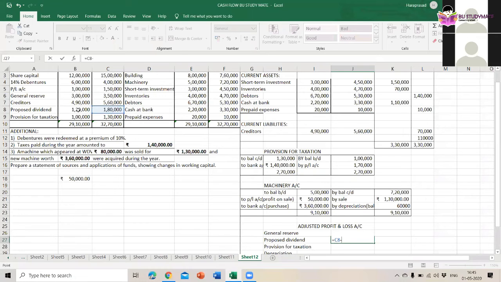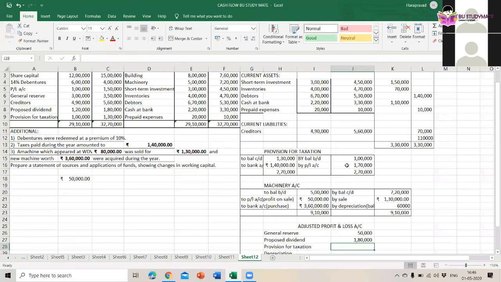So whether we have to do minus or what? We don't want to do the minus because the previous year amount is paid. We have to assume. So this year's amount is a provision, and here in the provision for taxation, we calculated here by PL account 1,70,000.